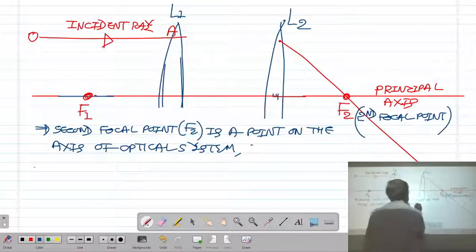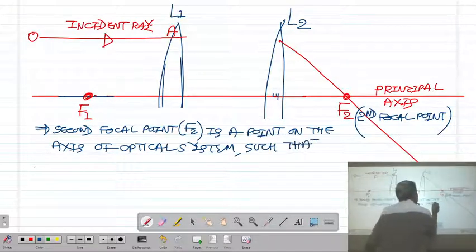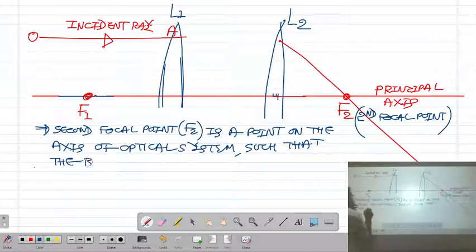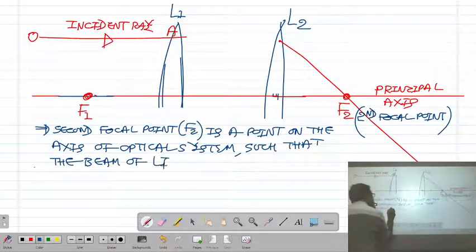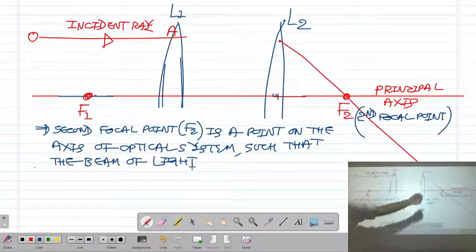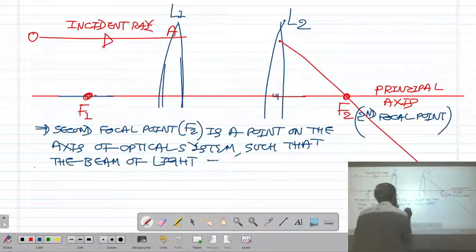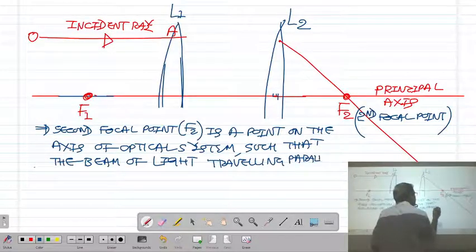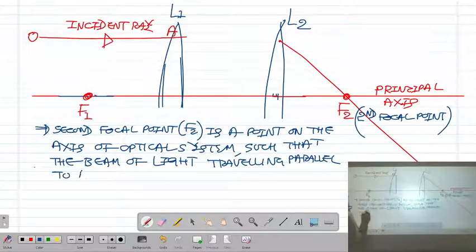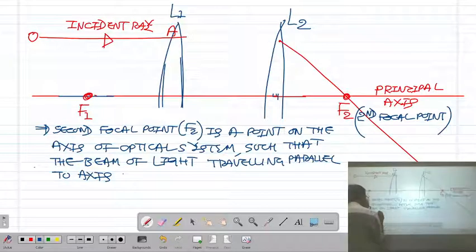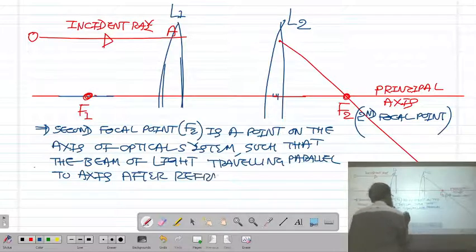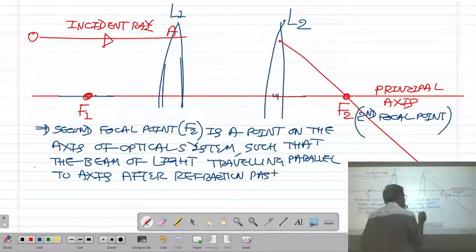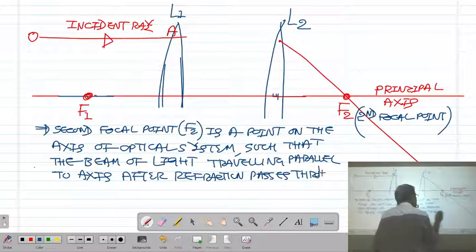such that the beam of light traveling parallel to the axis, after refraction, passes through it.